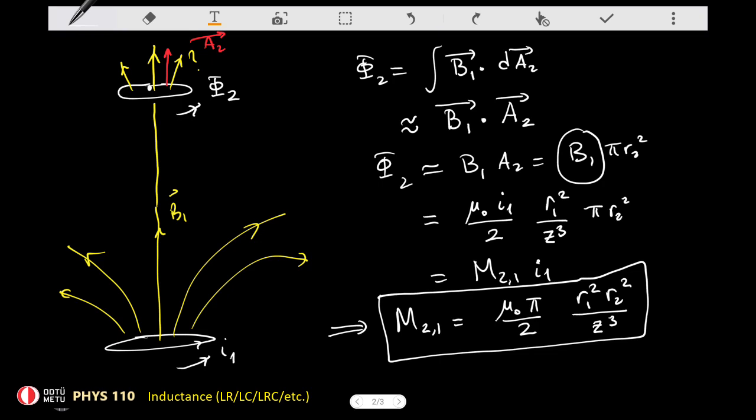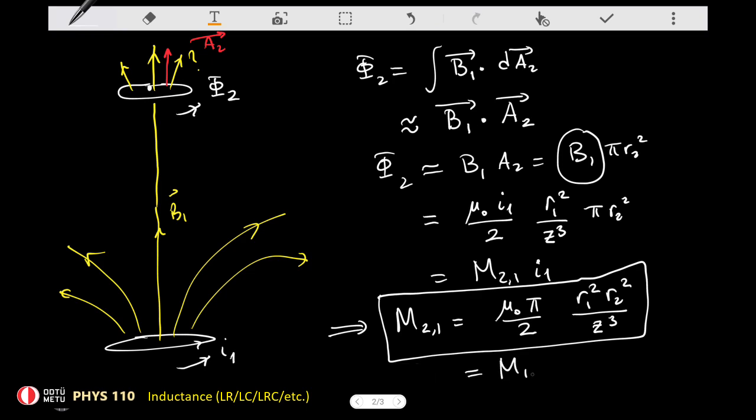That's also quite reasonable. And finally, there's the symmetry in here because apart from the distance, the geometric shape only enters as area, at least for that special case. So that means this is symmetric.